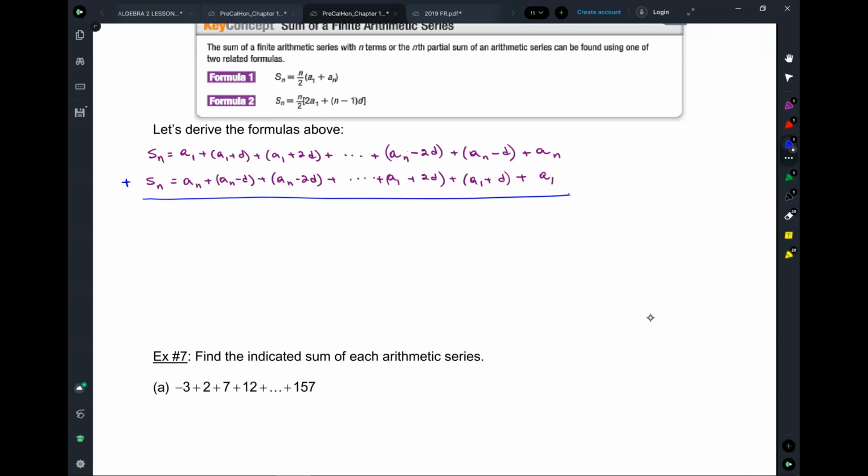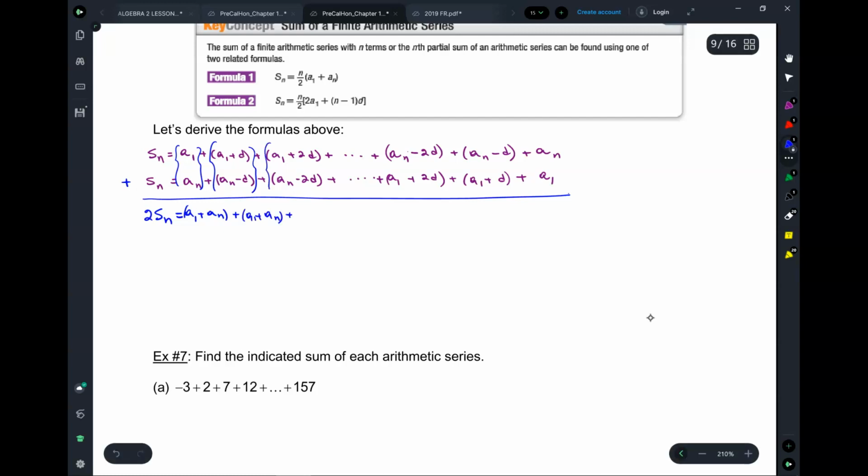So Sn plus Sn, that's 2Sn, equal to. Now look, if you go by columns, look at what you have. In this one, if you add these, what does that give you? a1 plus an. What about this one, if you add those 2 terms? a1 plus an, because the d's go away.